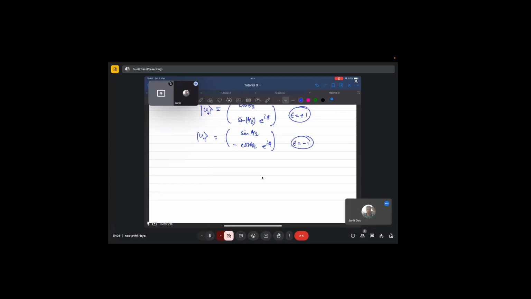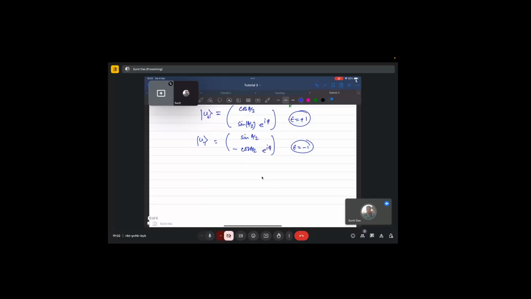So what is important is that, now let's look at the ground state wave function for this Hamiltonian, right?